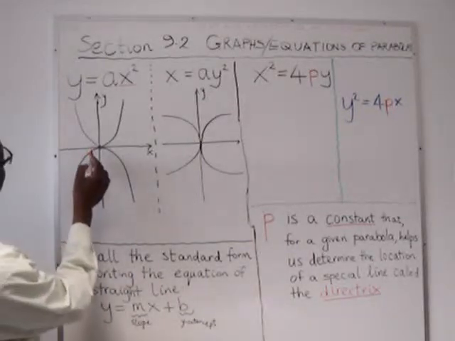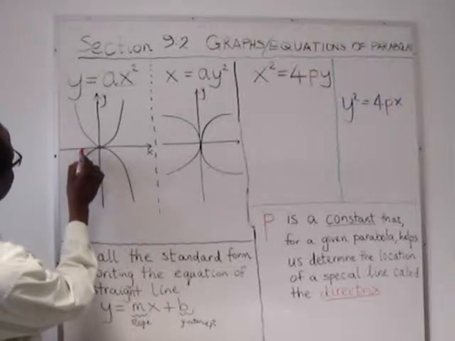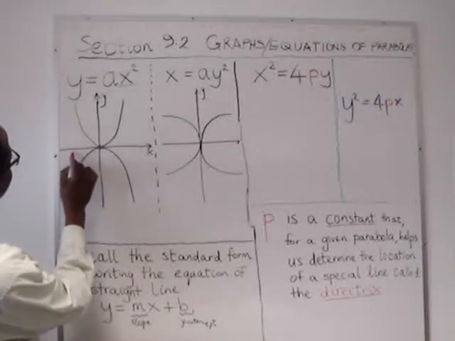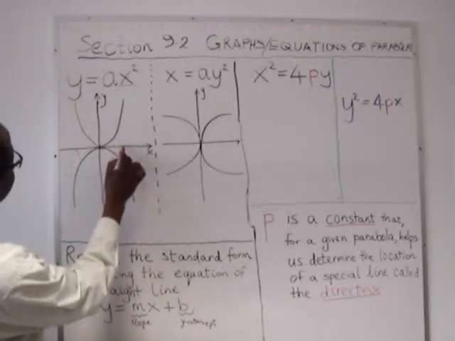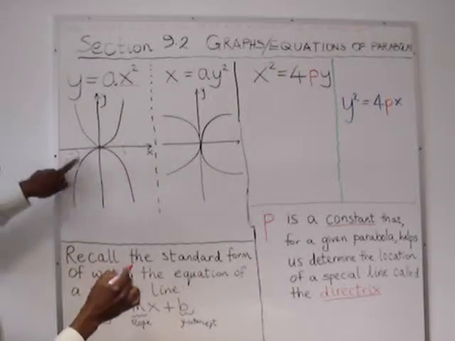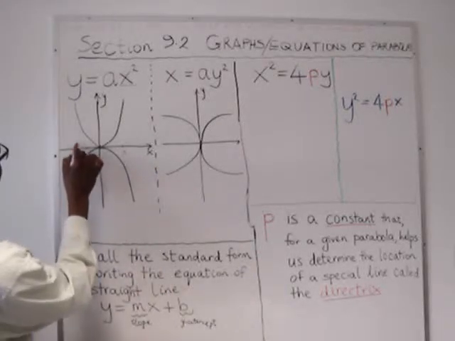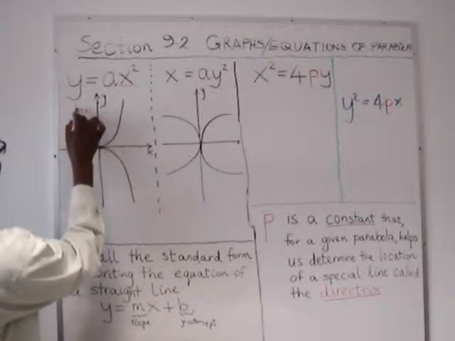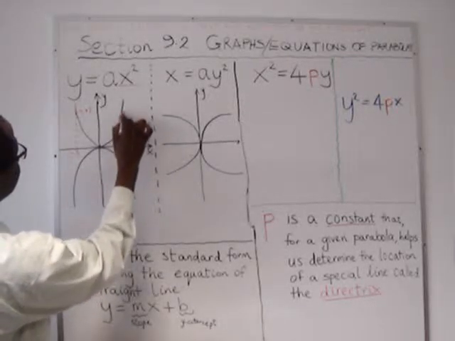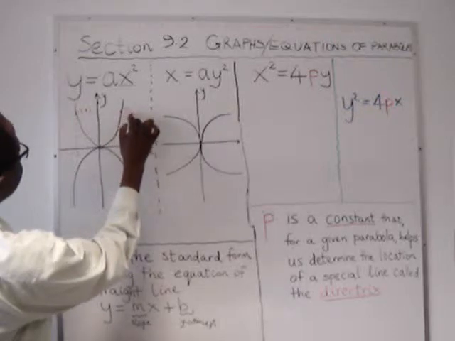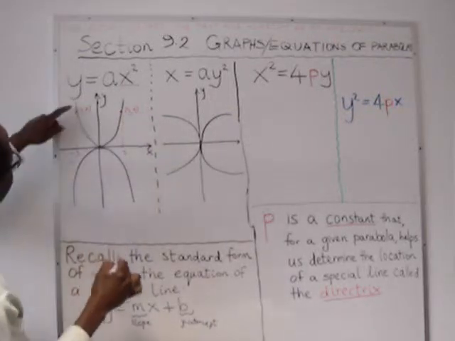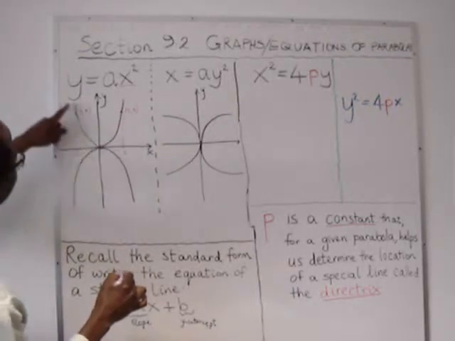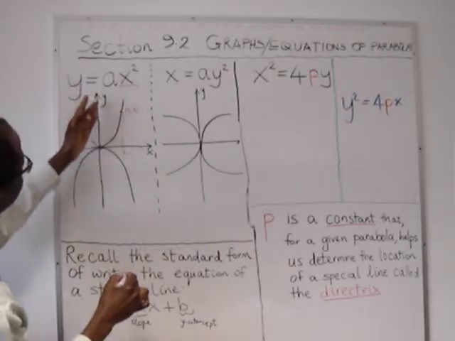So x equals negative 3, x equals 3, you have a value of 9. You go up, this is minus 3, 9. You go up, this is 3, 9. So that is why you have a parabola like this that is symmetrical.